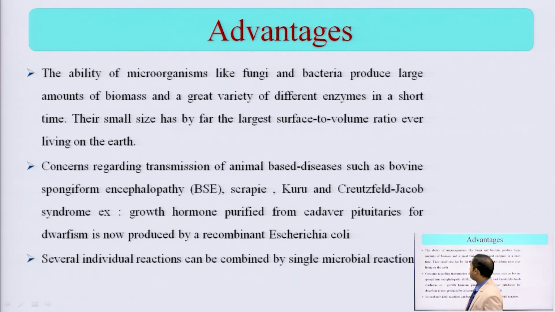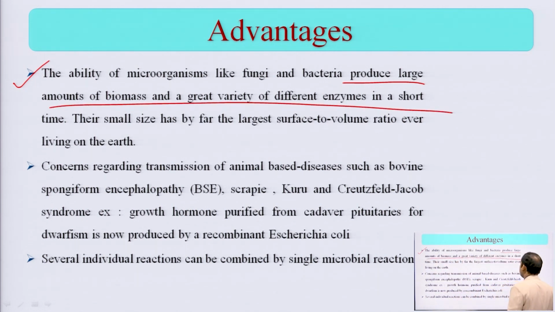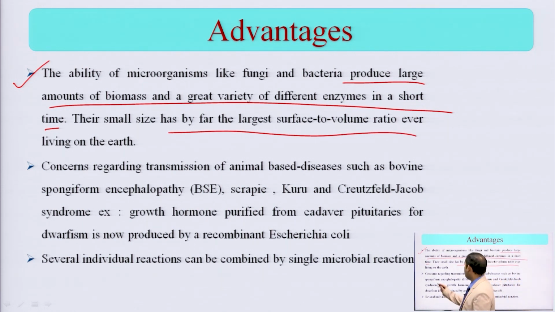If I tell you more, microorganisms like fungi and bacteria produce a large amount of biomass and a great variety of different enzymes in a short time. Okay, very short time will be required. Their small size gives them the largest surface to volume ratio of anything living on the earth.